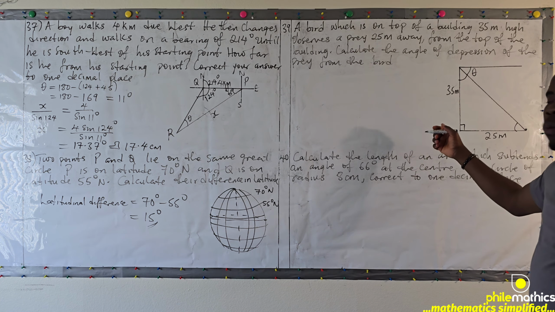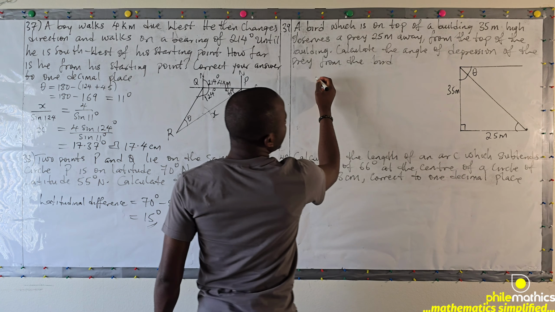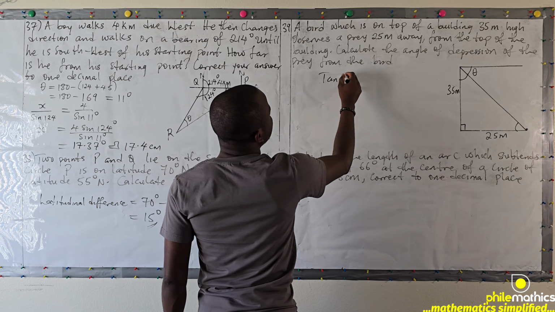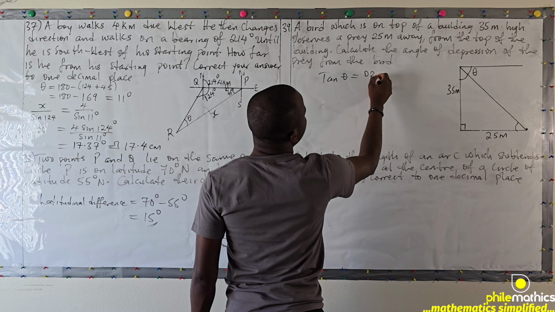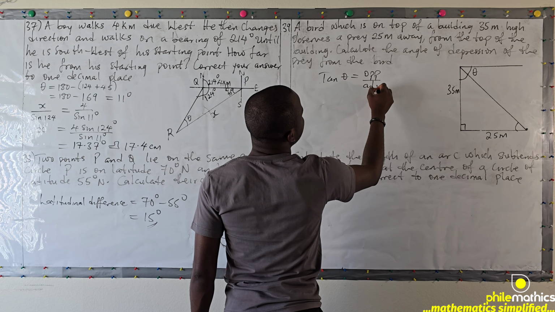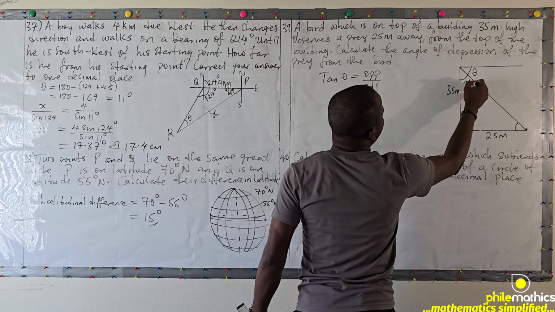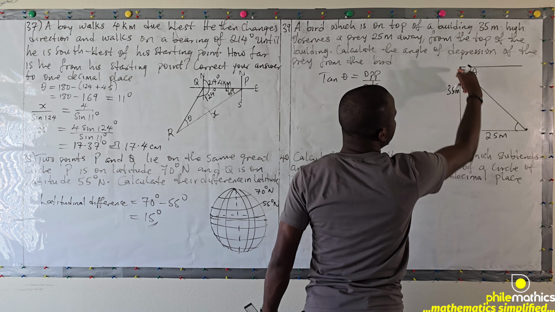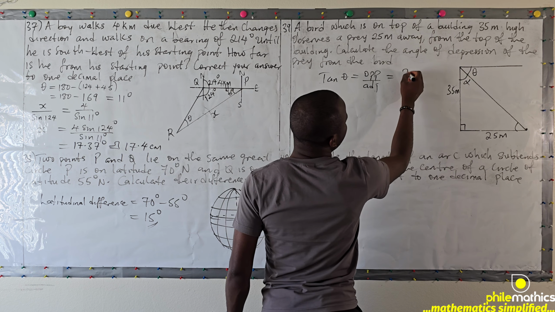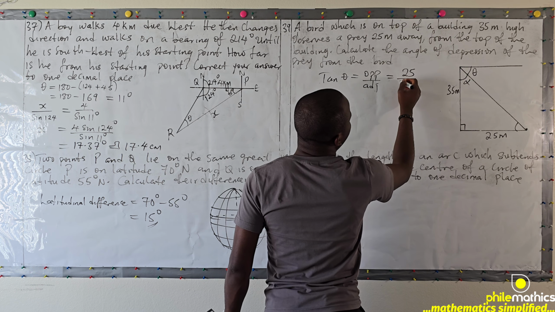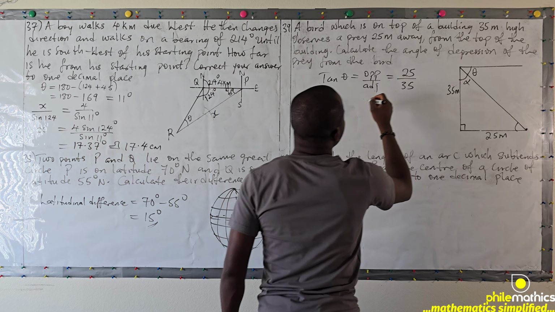We can use trigonometric ratio. We know that tan theta is opposite over adjacent. Let's call here alpha. So this is our opposite, this is our adjacent. So this is 25 over 35.